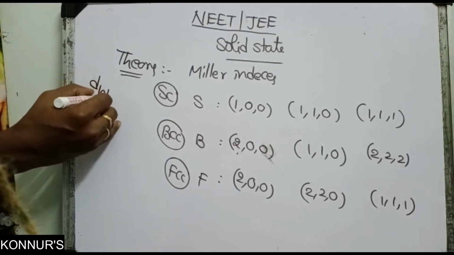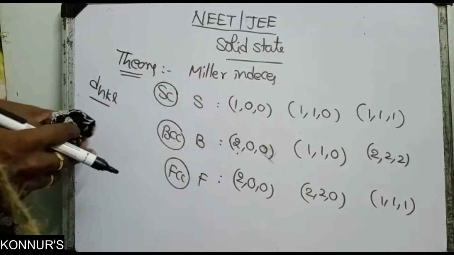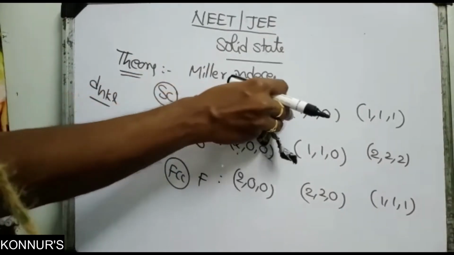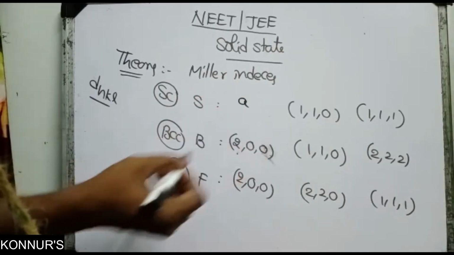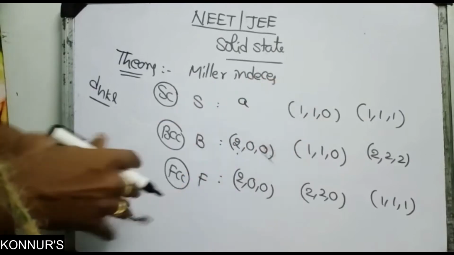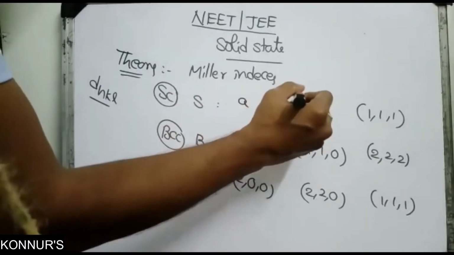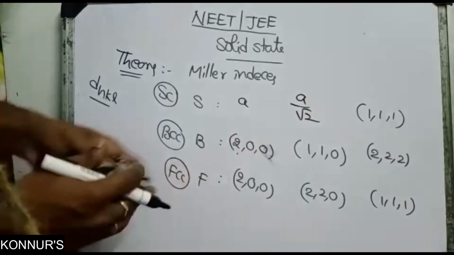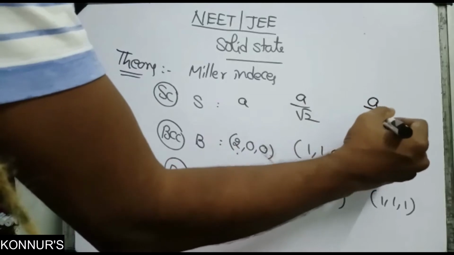Next, the same, the DHKL: the distance between two successive layers in the crystal is a by under root of h square plus k square plus l square. For simple cube: a by under root of 1 square plus 1 square, that means a by root 2; next a by root 3.